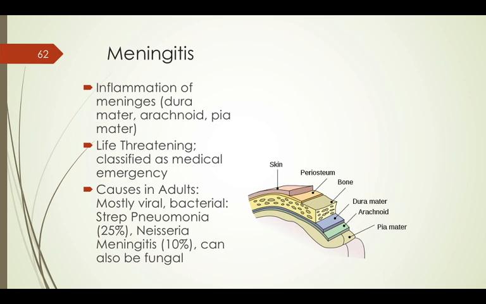So in terms of the difficulty with meningitis, particularly bacterial meningitis or meningococcal infection, is that they may even mimic a viral infection, so it can present quite non-specifically initially, at least.